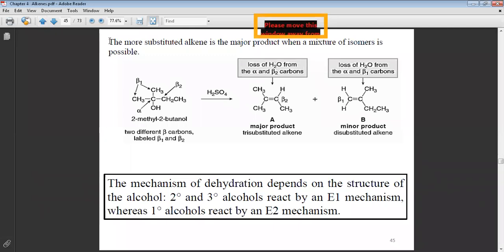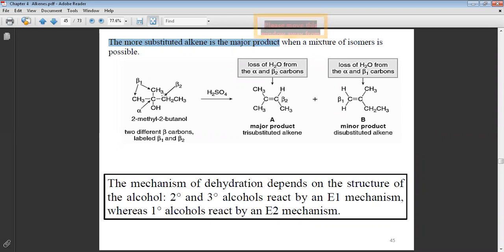But look here, the more substituted alkene is the major product. Okay, the same thing as for elimination, the Zaitsev rule. If you have more than one type of beta hydrogen, look, this beta carbon, this is beta carbon 1, and this is beta carbon 2.